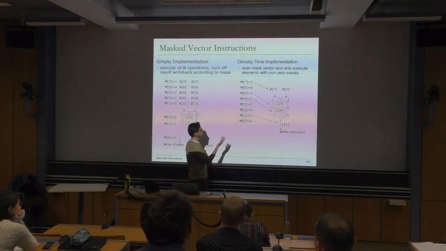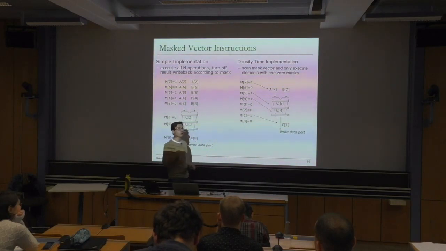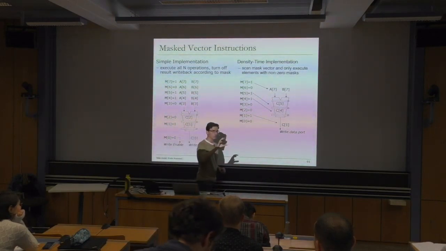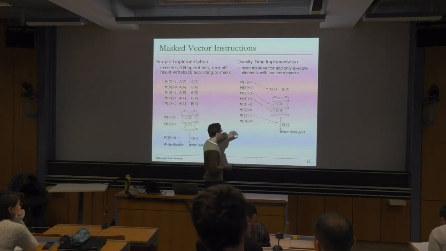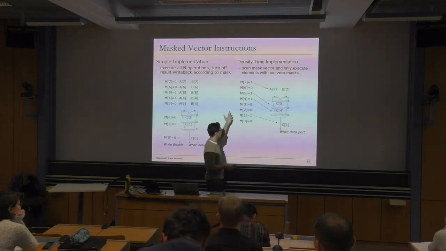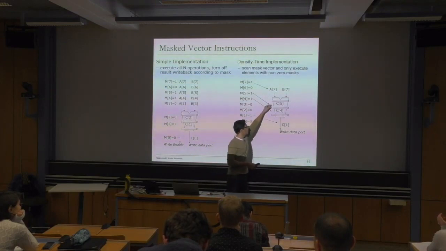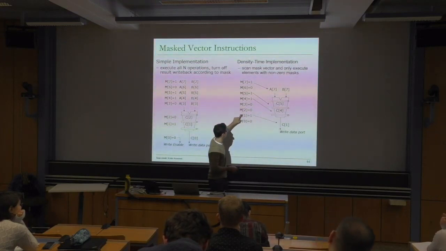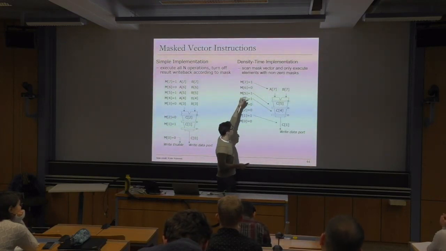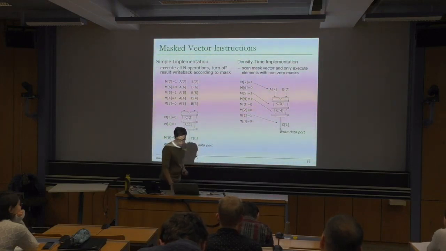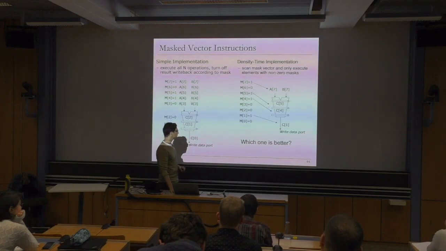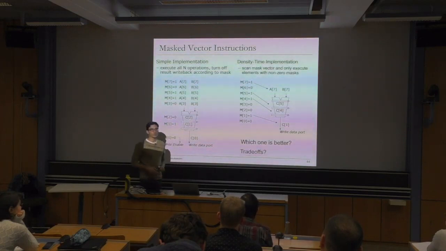In the density time implementation, we don't start the computation for some particular elements if the mask is 0. This is why you can see that we are only issuing the computation for elements 1, 4, 5, and 7, and that's what we have here in the pipeline. Which one is better, and what are the trade-offs?